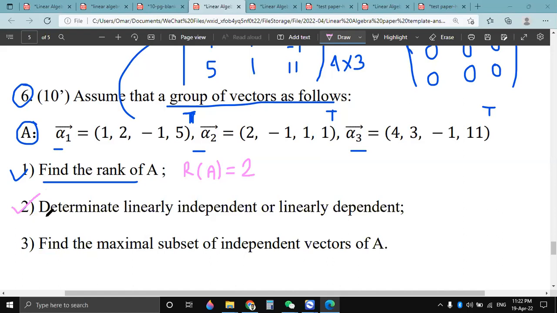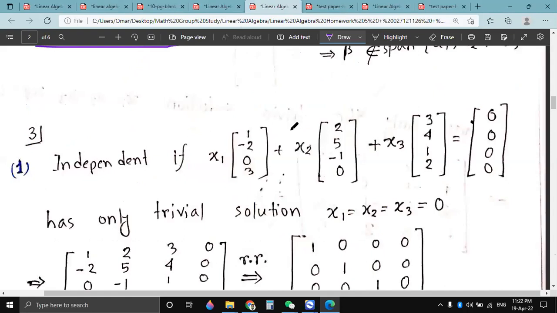So the second question is determine if A is linearly independent or linearly dependent. So we have a similar kind of problem here in the homework 5.